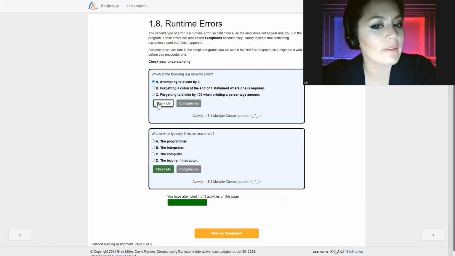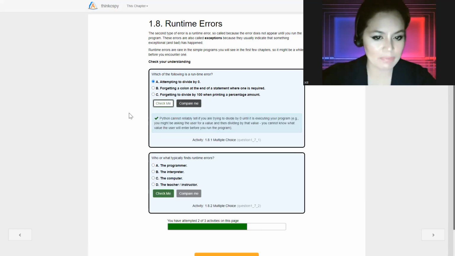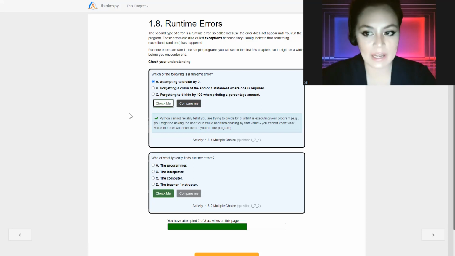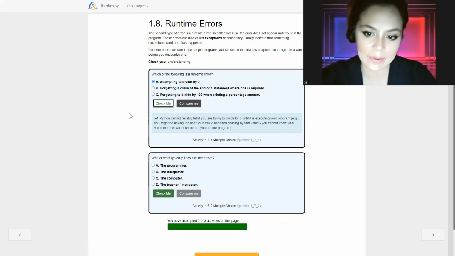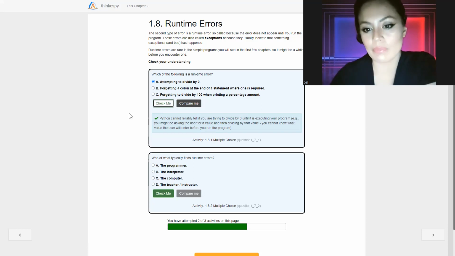I'm going to go with A, attempting to divide by 0. Python cannot reliably tell you if you are trying to divide by 0 until it is executing your program. For example, you might be asking the user for a value and then dividing by that value. You cannot know what value the user will enter before you run the program.